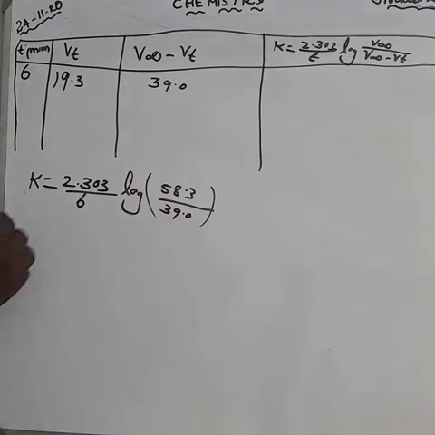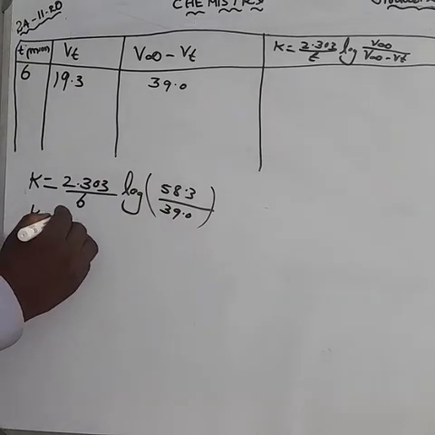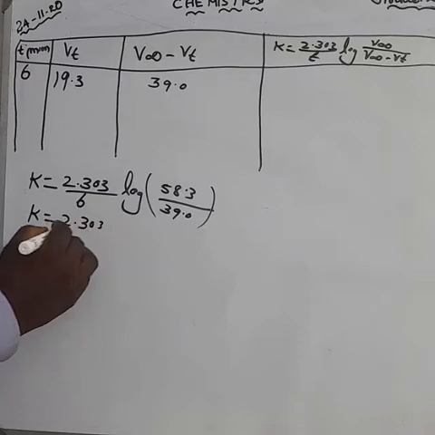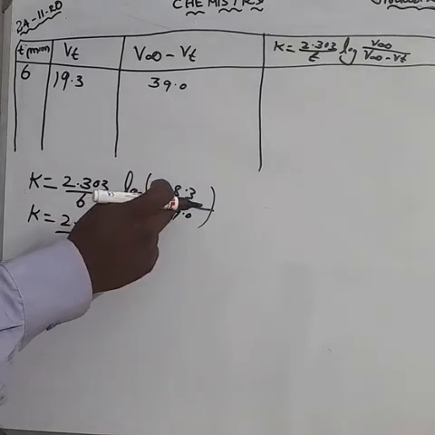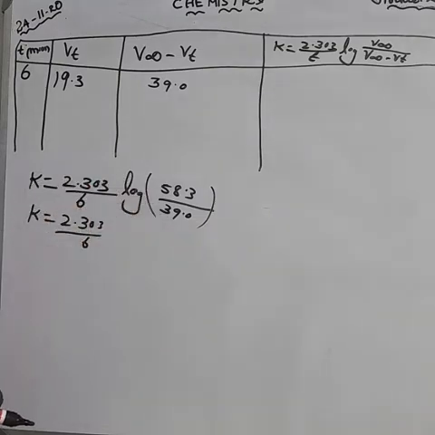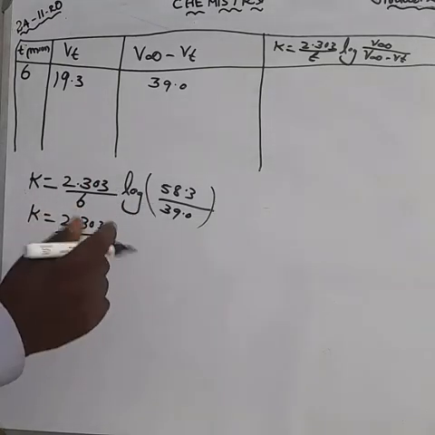So K is equal to 2.303 divided by 6, log of 58.3 divided by 39.